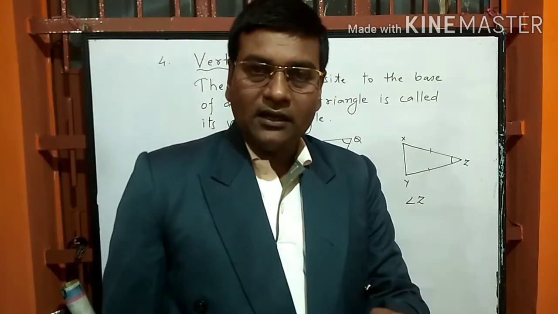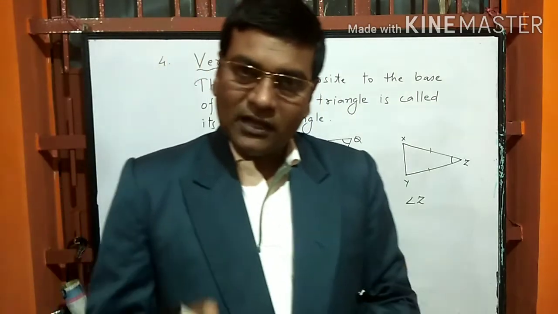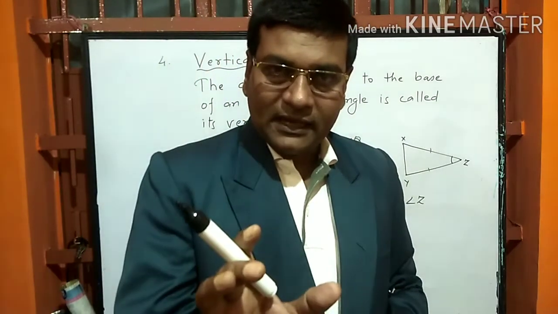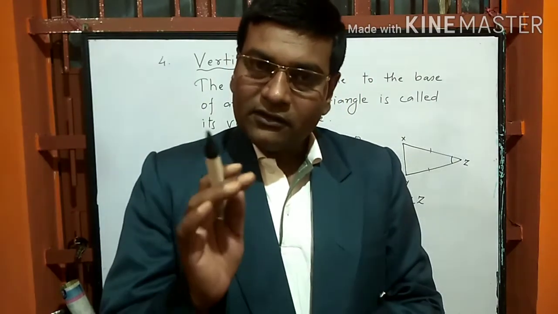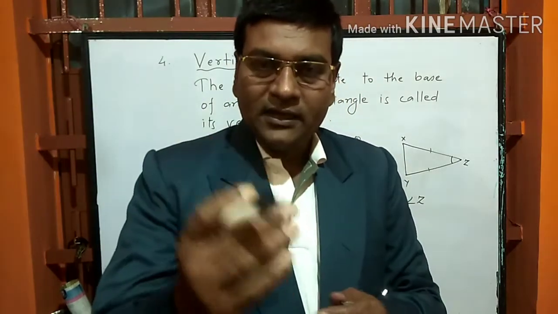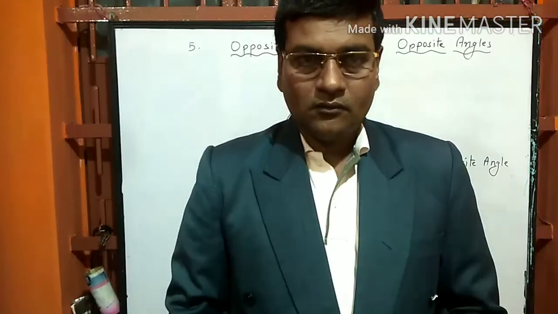In two ways you can understand it. There are three angles, two base angles, and the remaining angle is called vertical angle. Or you can say the angle just opposite to base is called vertical angle.